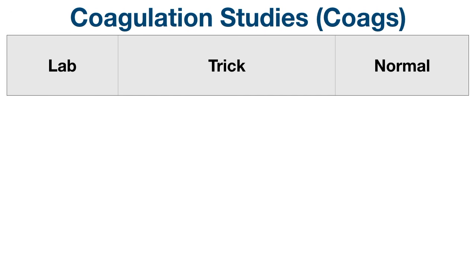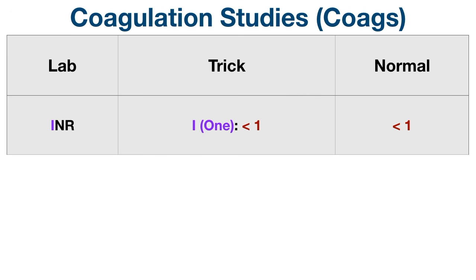Let's wrap this up with coagulation studies, which tells us information about the blood's ability to clot and how long it takes to clot. Starting with the INR, you can use the I to remember the number 1, and the normal range for INR is less than 1. Next is the PT and PTT. You're going to use the T's to help you remember the normal values.